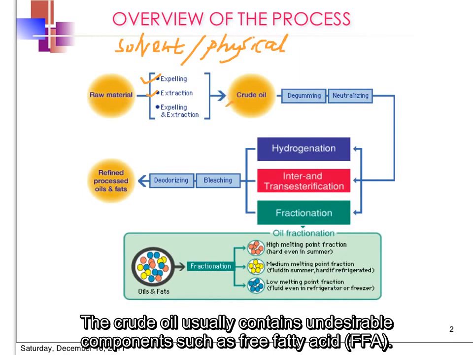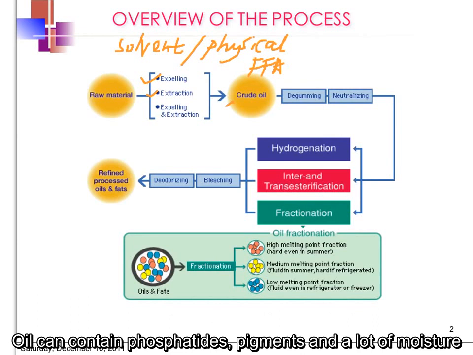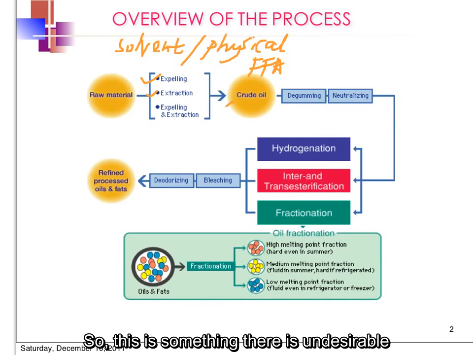The crude oil usually contains a lot of undesirable components such as free fatty acid, FFA, or it can contain phospholipids, pigments, and a lot of moisture. This is something that is undesirable.